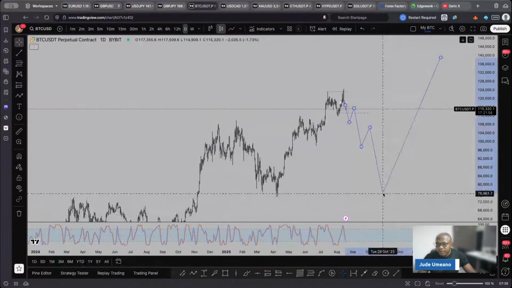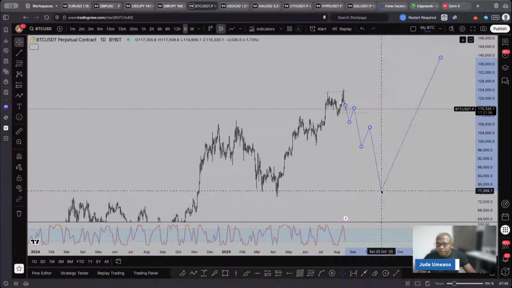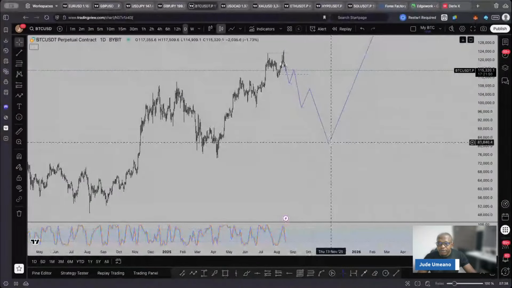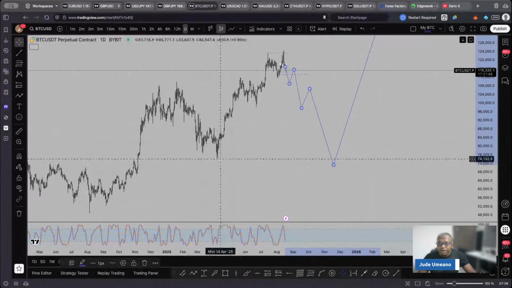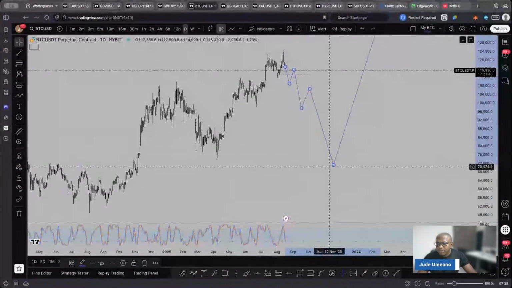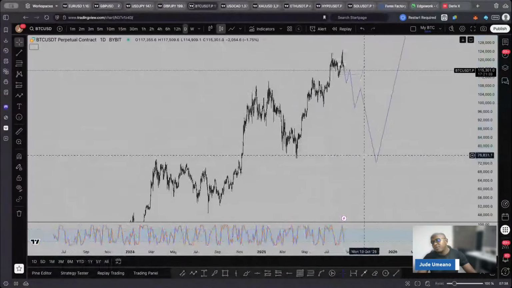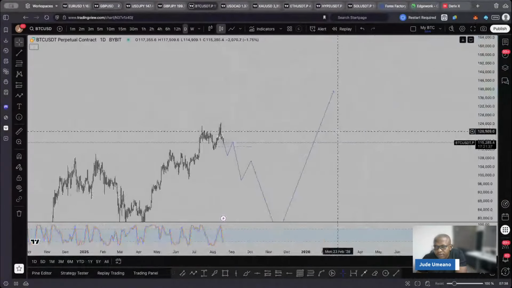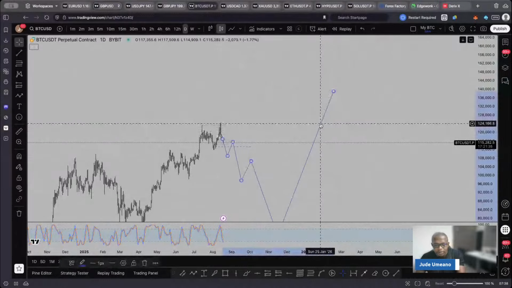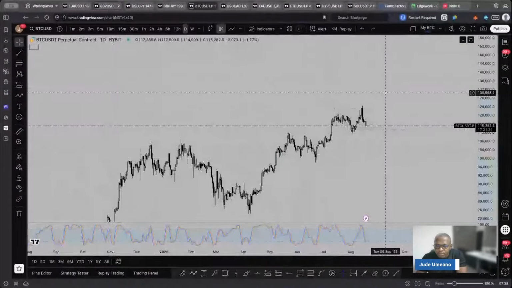On the higher time frame, these are still zones for Bitcoin to react from. So I won't be bearish on Bitcoin until we break this particular low, which is the 74,000 mark. Then we can say, you know what, we're no longer in the bull season, we're in the bear season. But right now, the way it is, we're still in the bull season, clearly.